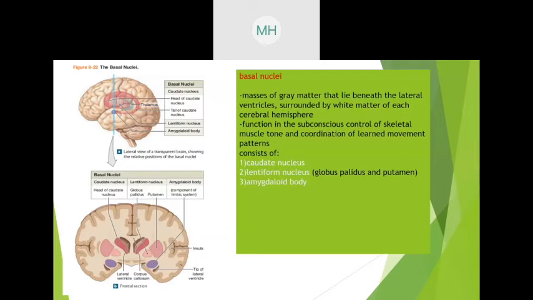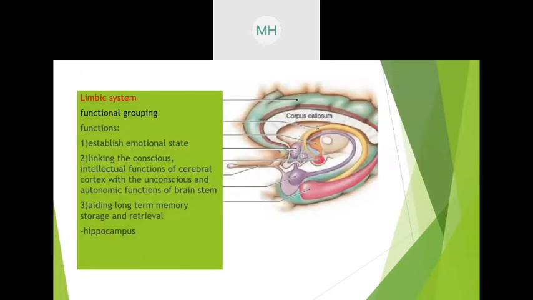We have three parts of the basal ganglia: caudate nucleus, then lentiform nucleus, which consists of globus pallidus and putamen, and the amygdaloid body.